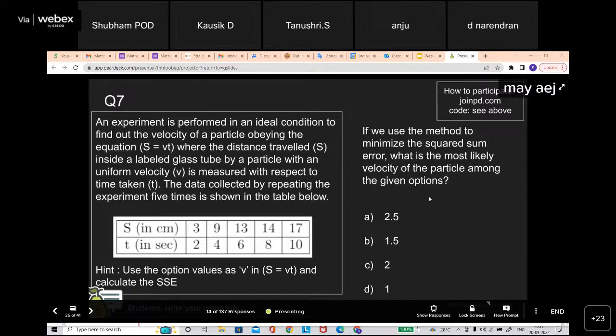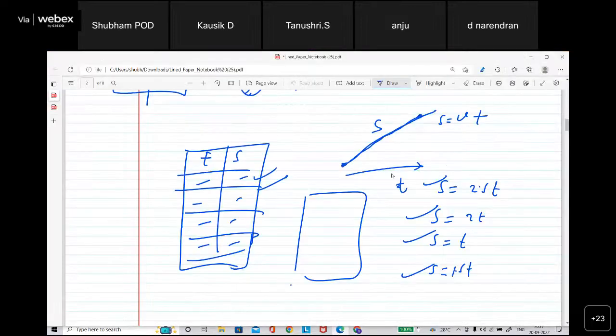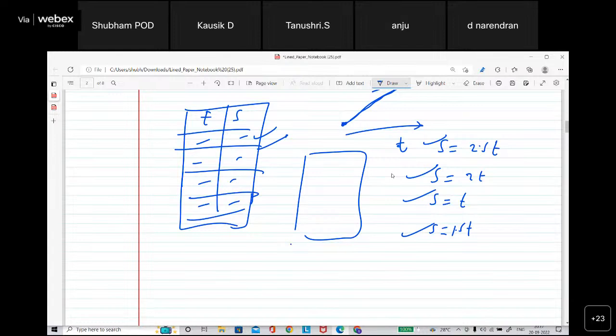I already told the whole scenario for this question. S and t are given. You need to find for v equal to 2.5, 1.5, 2, and 1, and each time calculate the sum of squared errors using the formula here, S minus vt.